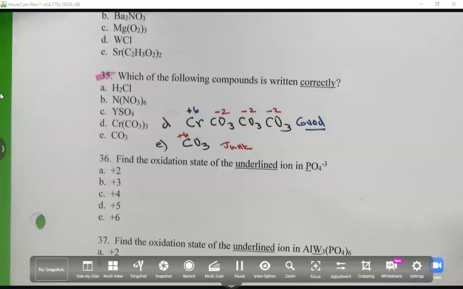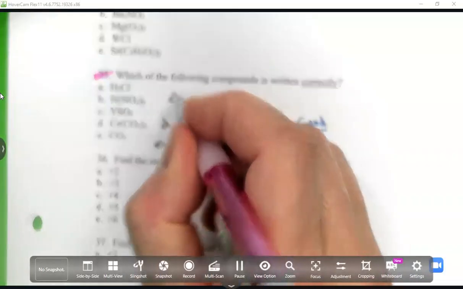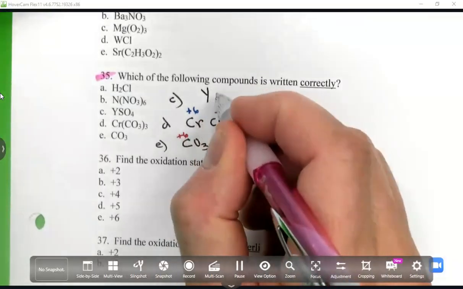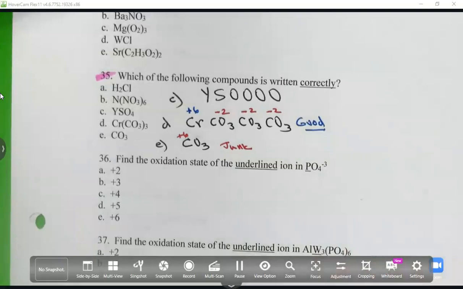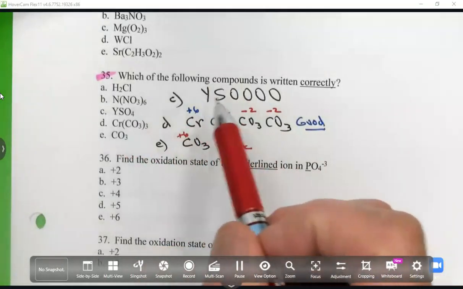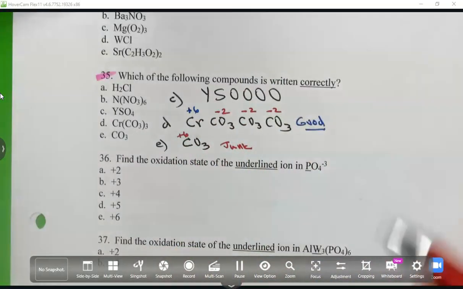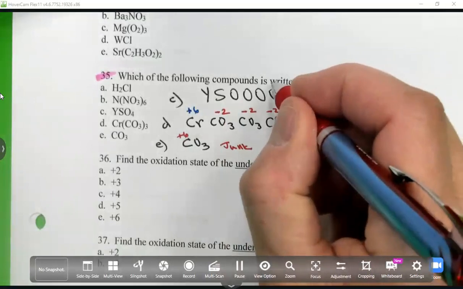Letter C. We've got yttrium sulfate. Oh, let's see.